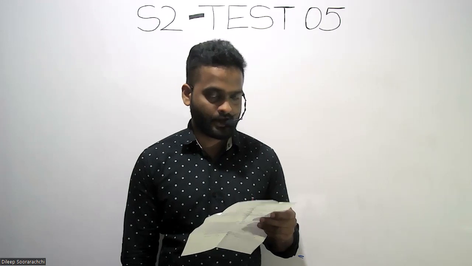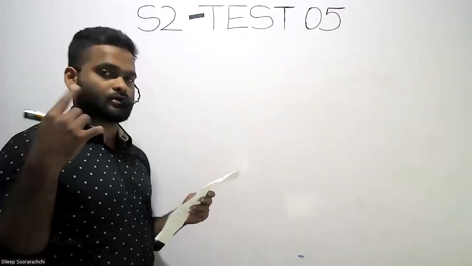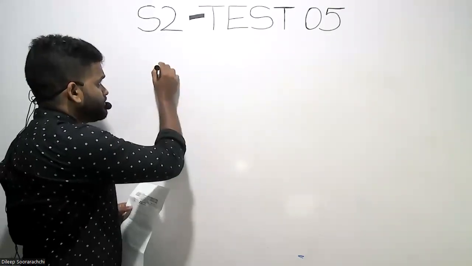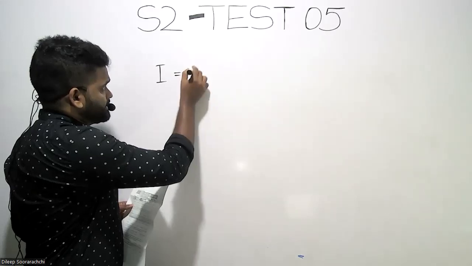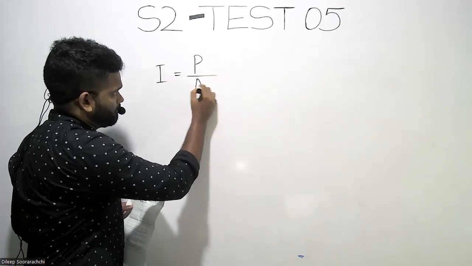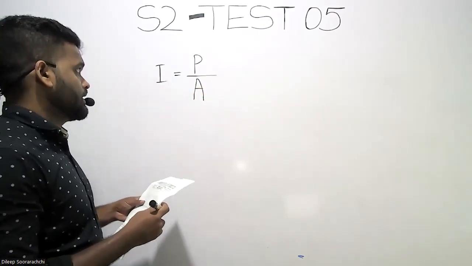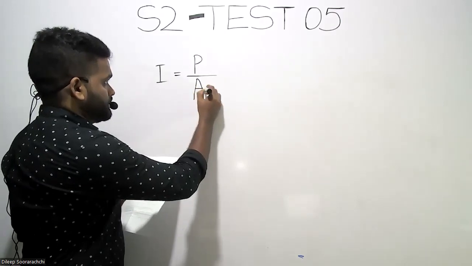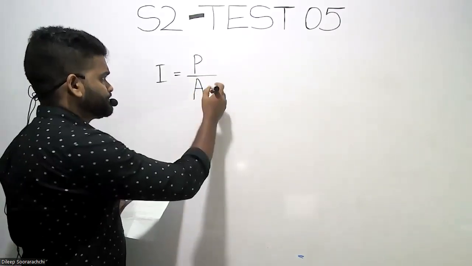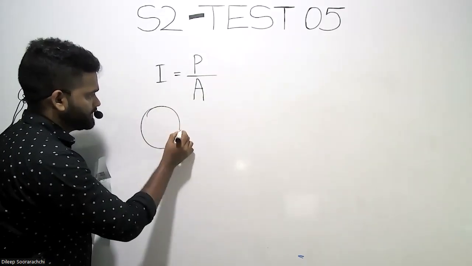Okay, first they say sound intensity. In the previous test also I explained what the sound intensity is. Intensity is power divided by area. If the sound source is a point sound source, this area can be considered as the area of a sphere.